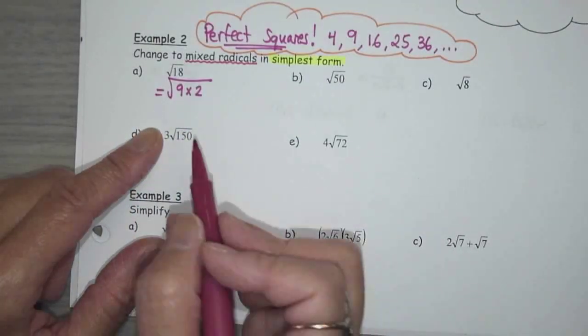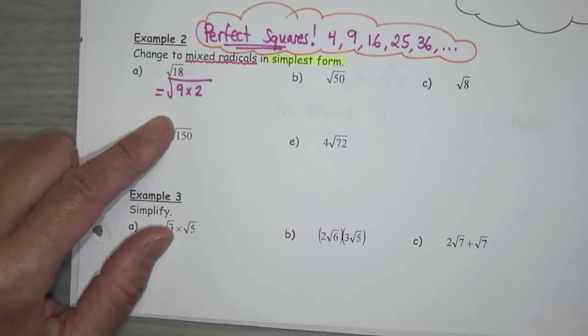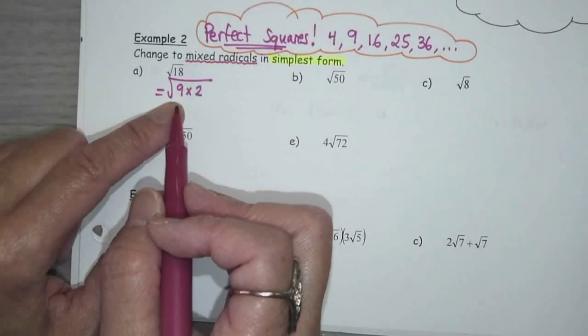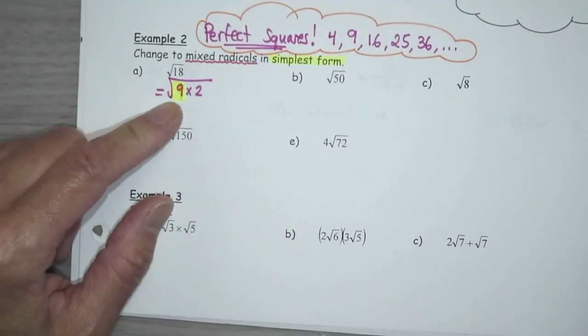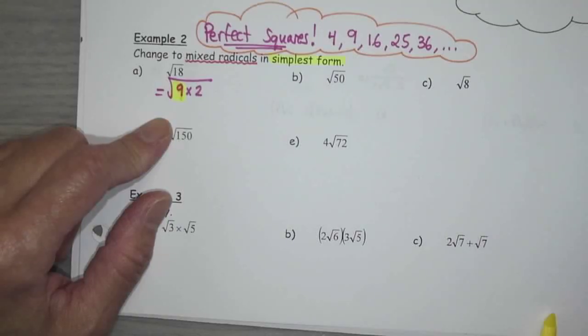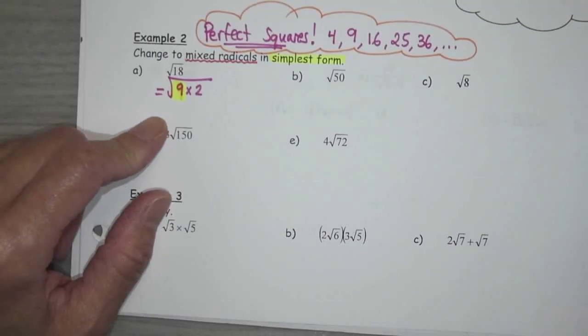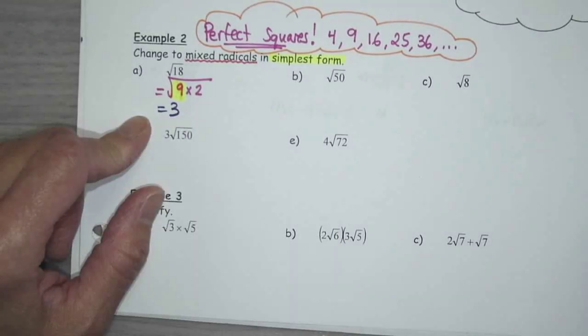True? You can use brackets or the times symbol. It's not an X. It's times, right? Okay, 9 times 2. 9 is actually a perfect square number. So when I square root the 9, I get exactly 3. Does that make sense? Okay, square root of 9 is exactly 3.